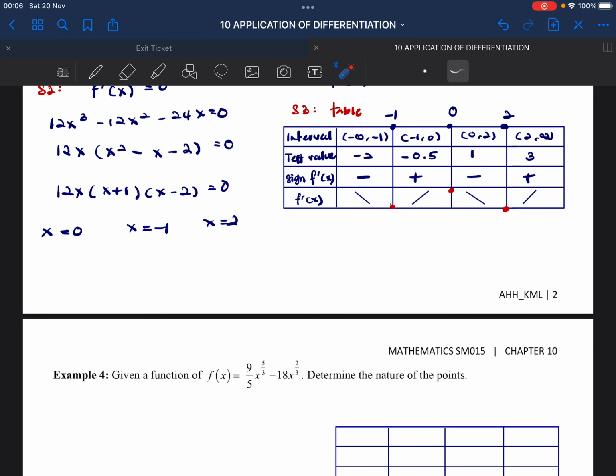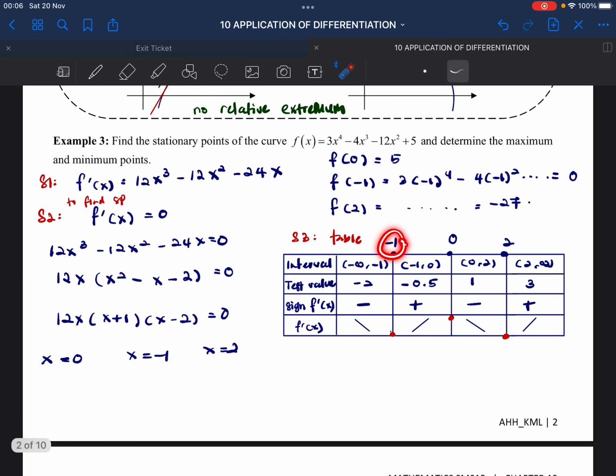So the point here is negative 1, and its pair is 0. So here we have (-1, 0), and this one is (2, -27).